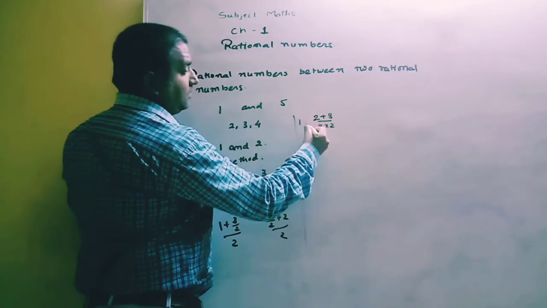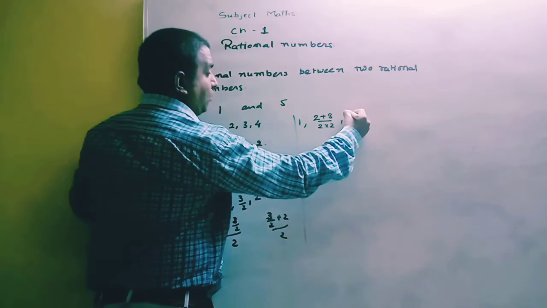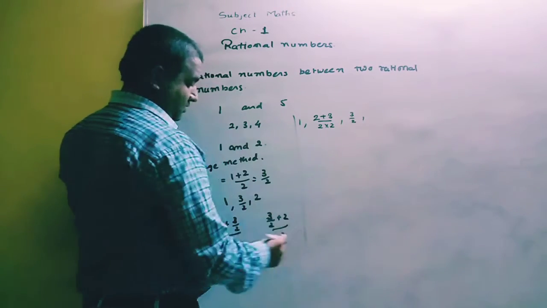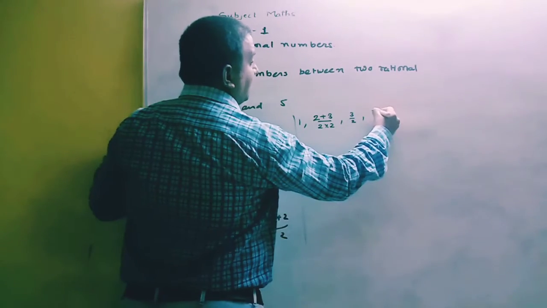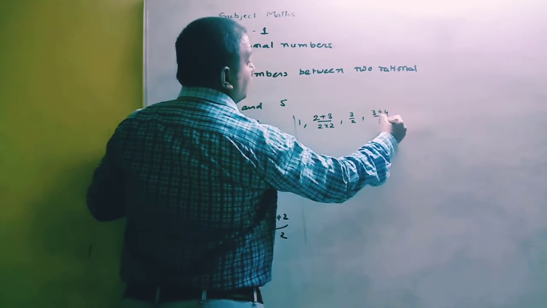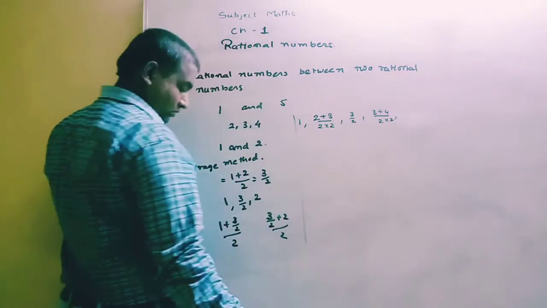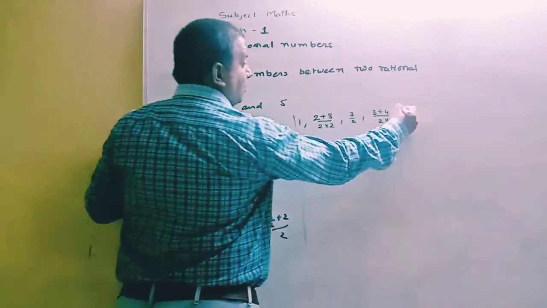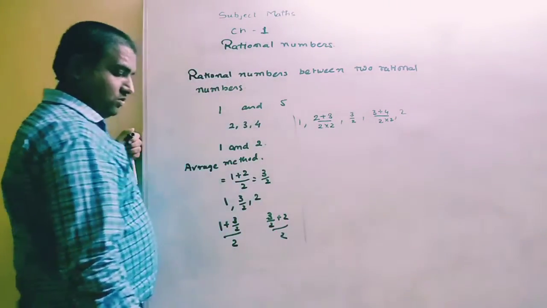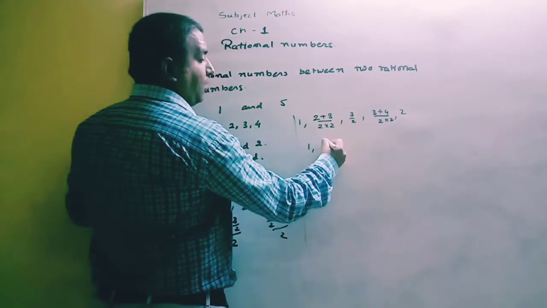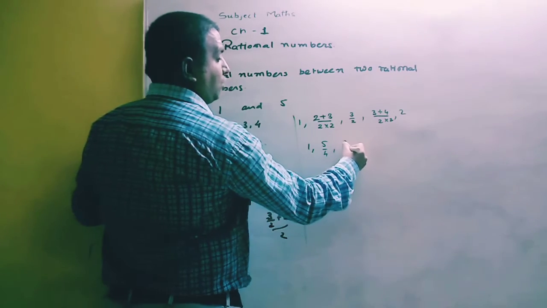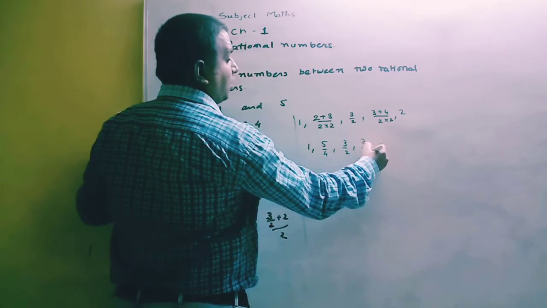So 1, then 3 by 2, and here again we take the LCM, 2 into 2. So 3 plus 4 by 2 into 2, and here 2. So we have 1, 5 by 4, 3 by 2, 7 by 4 and 2.